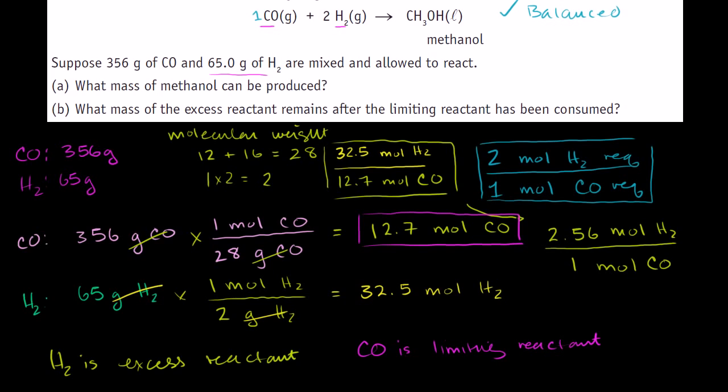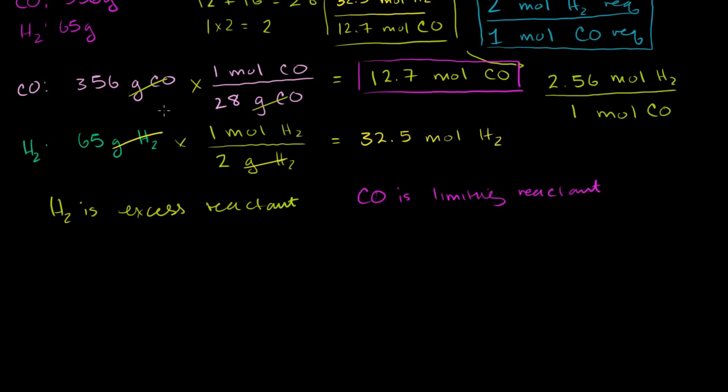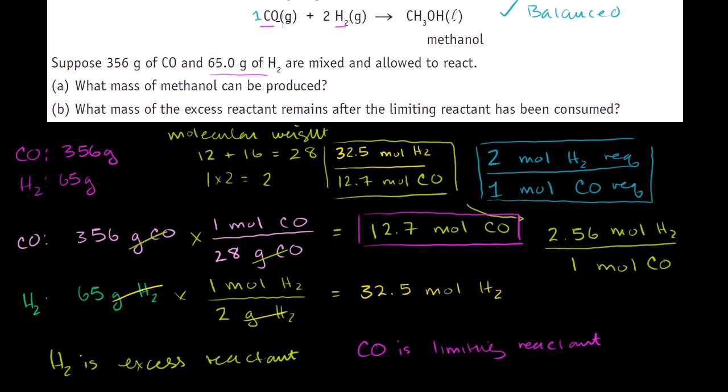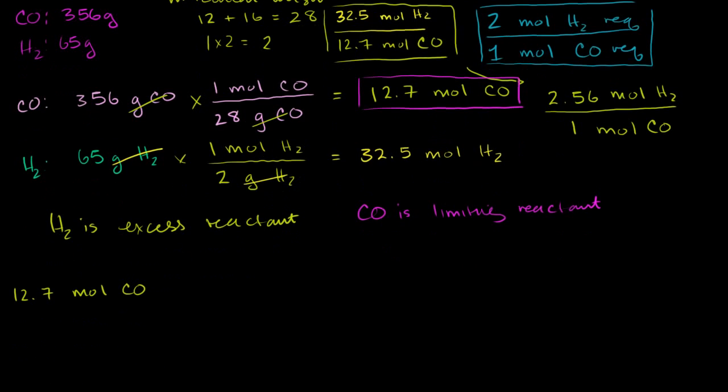And let me write this over here. So we have 12.7 moles of carbon monoxide. And looking at our original equation, we see for every mole of carbon monoxide, we produce 1 mole of methanol. So let's write that down. Times, and we want the carbon monoxide in the denominator.